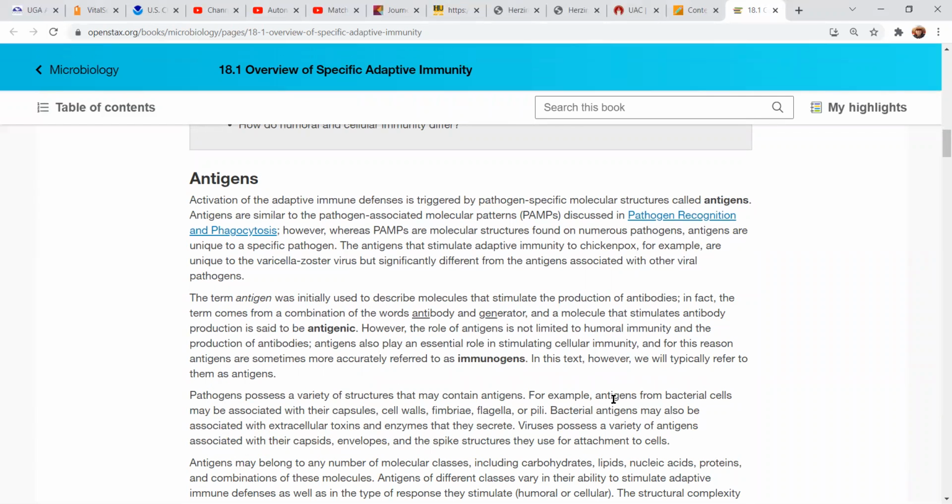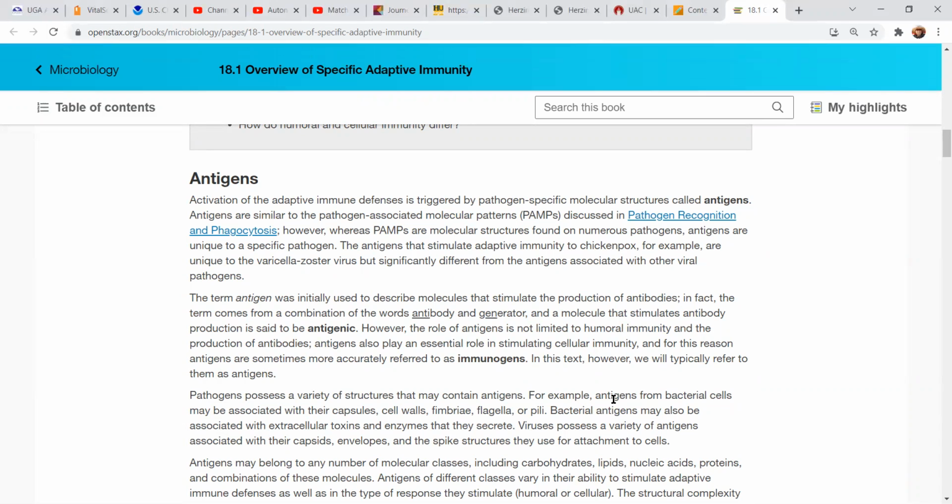In order to launch a response against an invader, regardless of what that is, we have to be exposed to these antigens. Antigens are pathogen-specific molecular structures. They're kind of responsible to those PAMPs that we looked at in the last video.